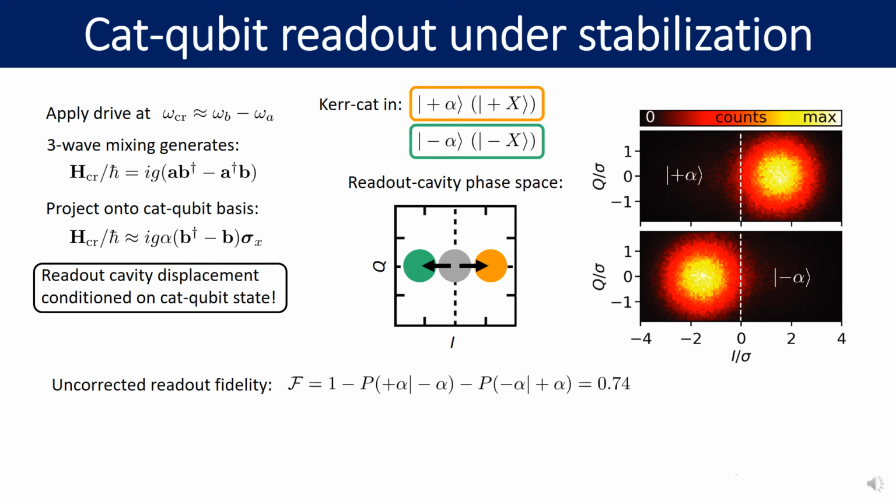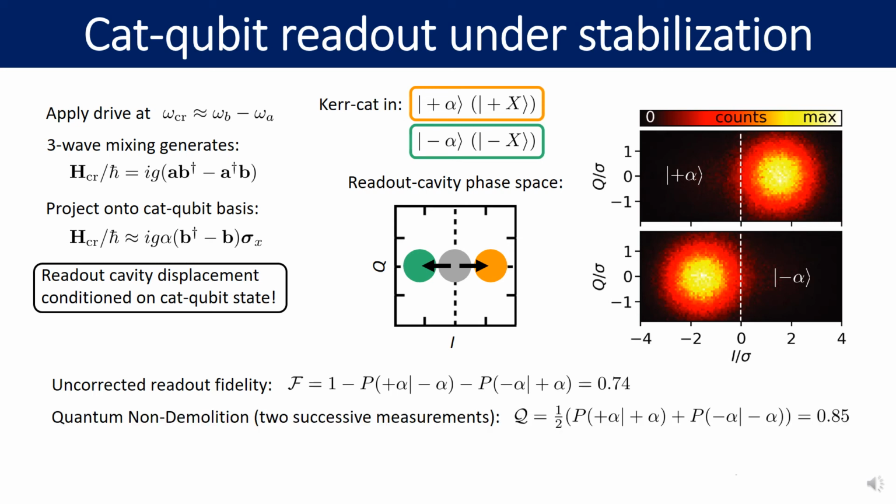We can also quantify the quantum non-demolition aspect, meaning that if we measure the state of our Kerr-Cat qubit twice, we should get the same result. And it's defined in exactly this way. We average over the probability of, in two successive measurements, getting the same result plus alpha or the same result minus alpha both times.